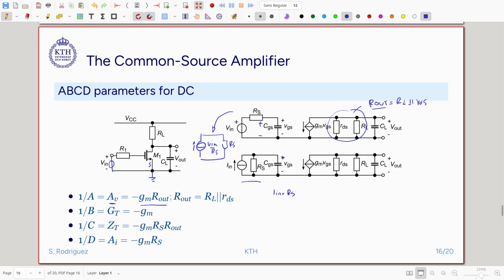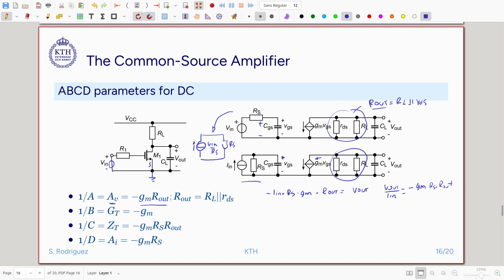We have this voltage here, times gm. It will create this current here, and then times Rout. This has to be equal to Vout. Also Vout divided by Ein will be with the minus sign. That will be minus gm Rs times Rout.